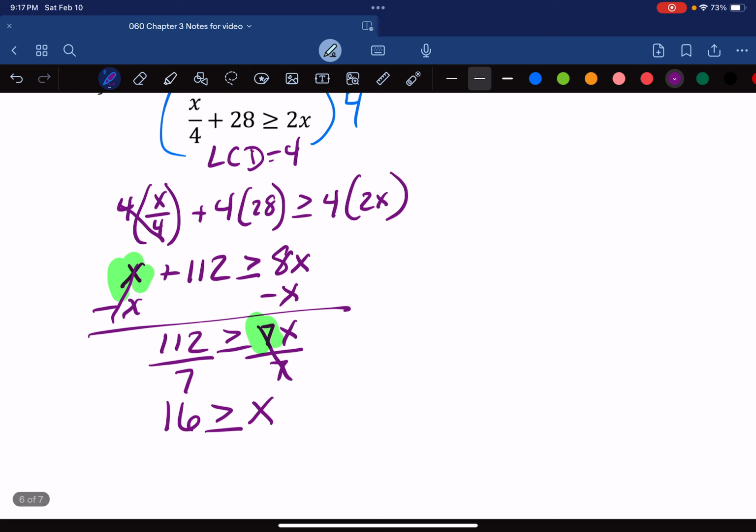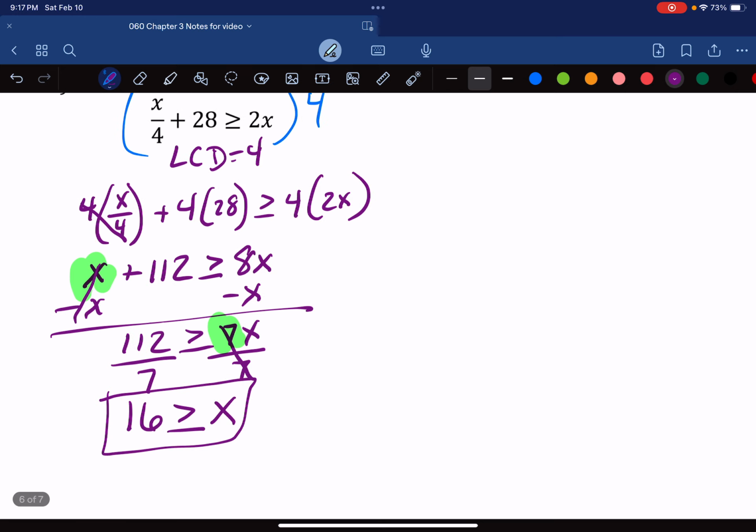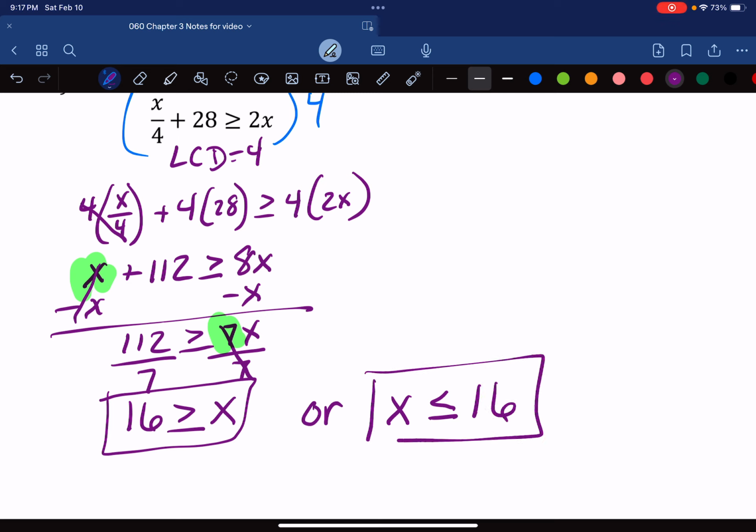We can leave our answer like this, or if you prefer to have your variable on the left side, you can rewrite your answer with the variable on the left side.